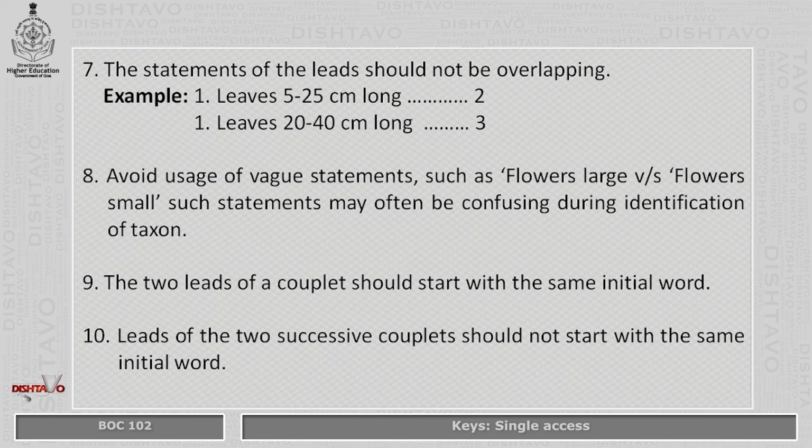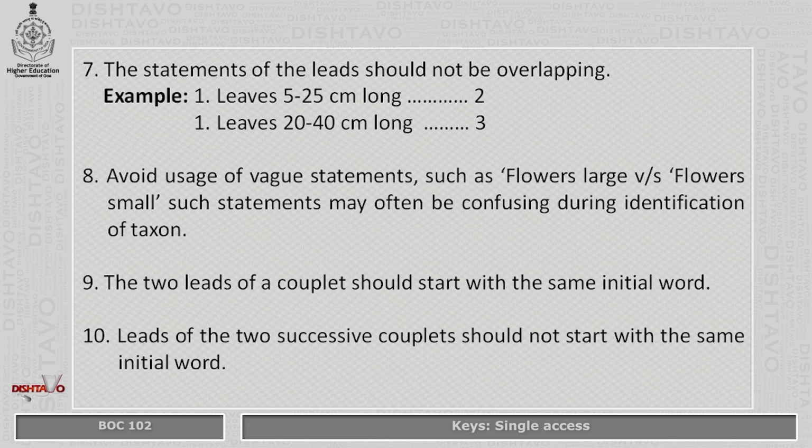If a user who is looking out for identity of an unknown plant has found a plant with leaf length 20 to 25 centimeters, due to the usage of overlapping character, the user will be confused to decide its identity as the length of the leaf is found overlapping in both the leads which are mentioned in this couplet. So, in order to avoid such confusion, overlapping of statements should be avoided while constructing keys.